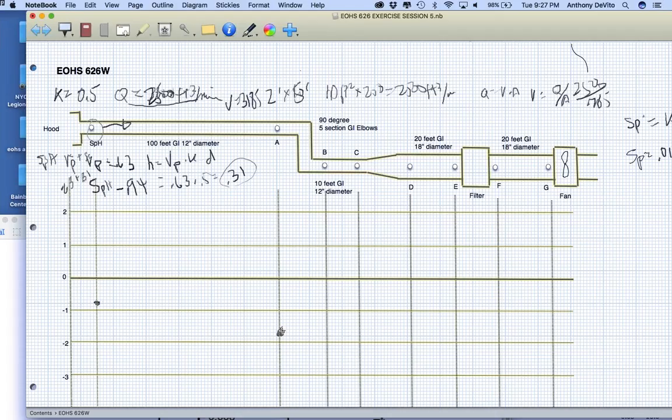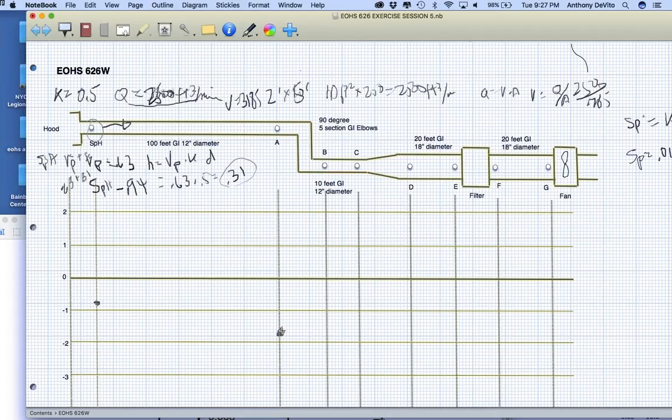That was 0.63 times 0.5, so it came out to be 0.31. So 0.63 is the velocity pressure, and 0.31 is the loss in static pressure that we run into going through here. In order to make the velocity pressure 0.63 here, we have to add 0.31 to make up for that loss.